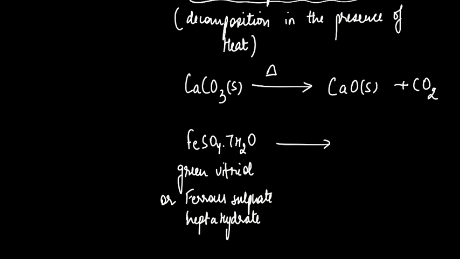Vitriol stands for the seven molecules of water of crystallization which are bonded to one unit of FeSO4, ferrous sulfate. If we heat it, initially it will give us FeSO4, ferrous sulfate, and the water of crystallization will be removed, seven molecules of water.